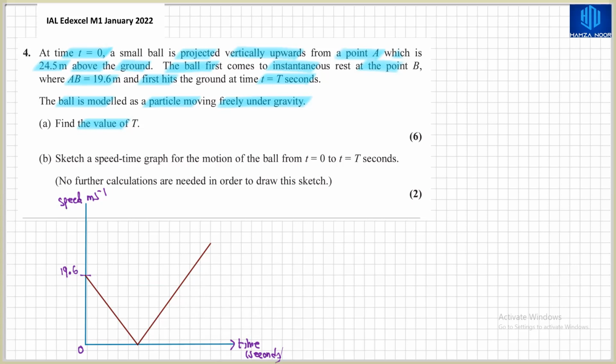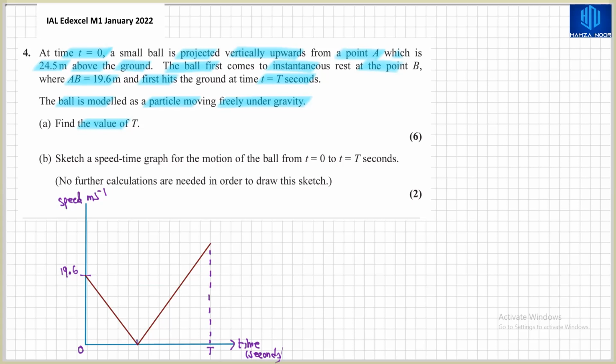So anyone who sees this graph would be able to identify that when the journey is completed at the time duration capital T seconds, the final speed of the ball is higher than 19.6 meter per second, and no further calculations are required.